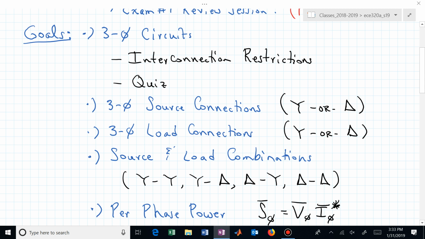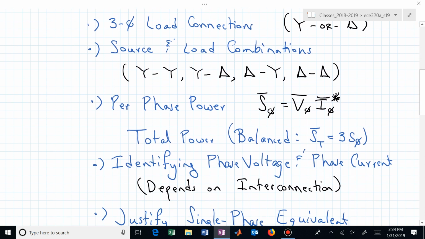If we say we have a Y-Y interconnection, that says that your sources are connected in a Y configuration and your load is in a Y configuration. If you had a Y-delta, your source is a Y and your load is a delta configuration. That's allowed. That can happen. And we'll look at those.